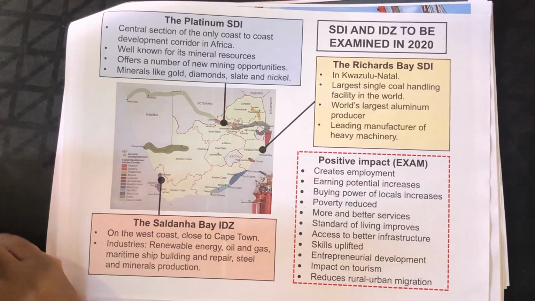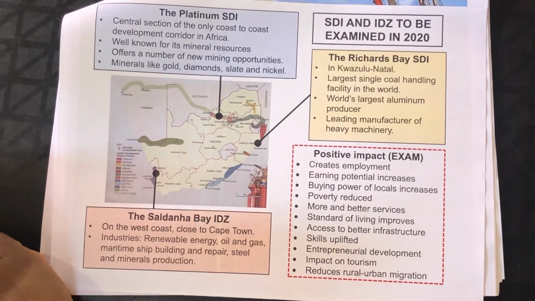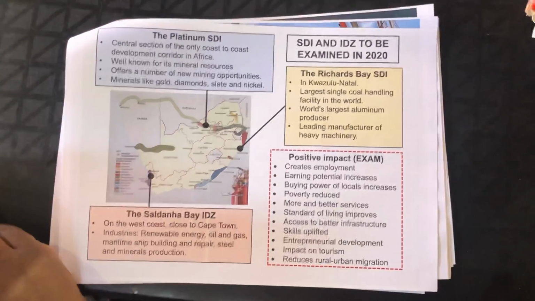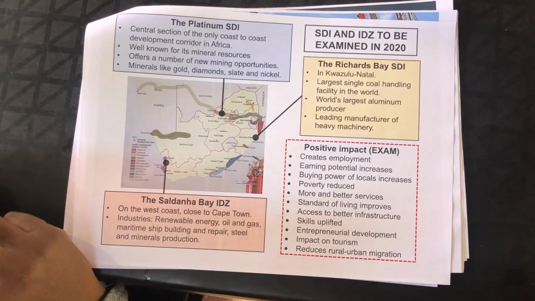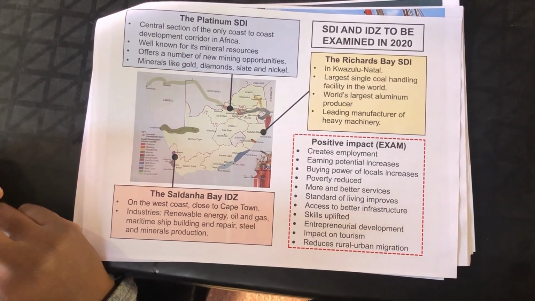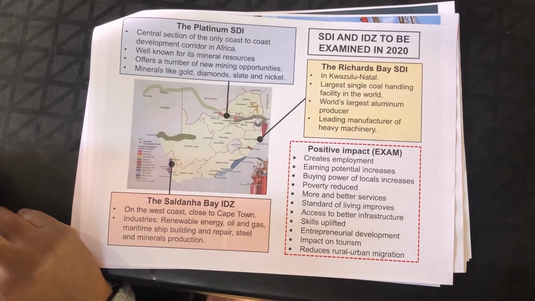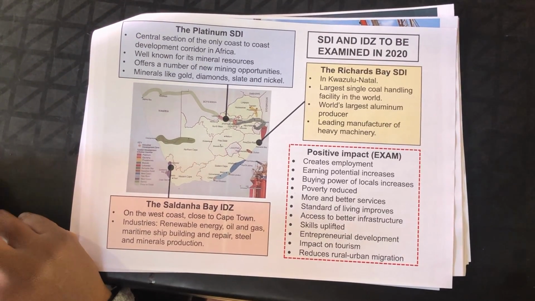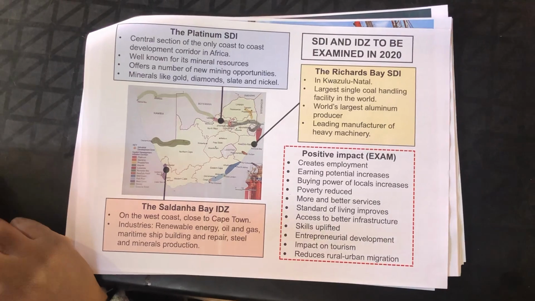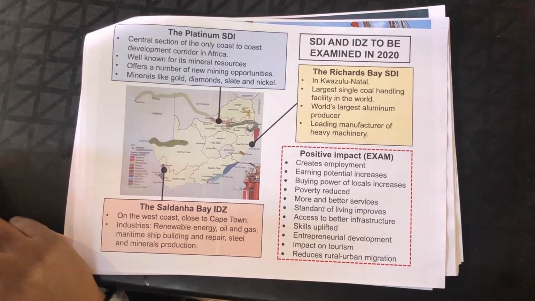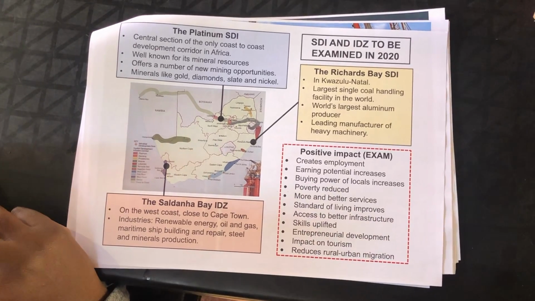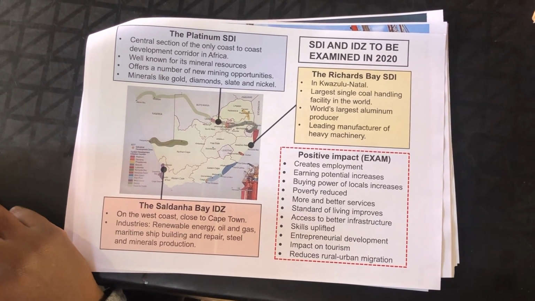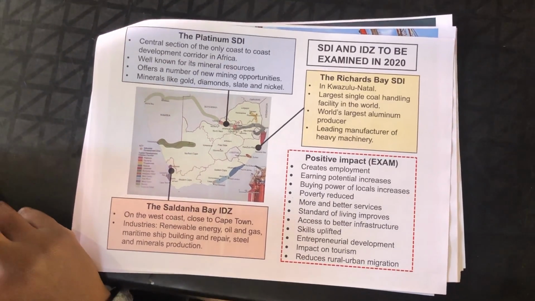And it offers new mining opportunities and also minerals that can be found could be gold, slate, nickel, and also diamonds. We also have Richards Bay, which is found in KZN, which is the largest single coal handling facility in the world and the world's largest aluminum producer. So it is leading in manufacture of heavy industry and also close to a harbor, where there's a port there.